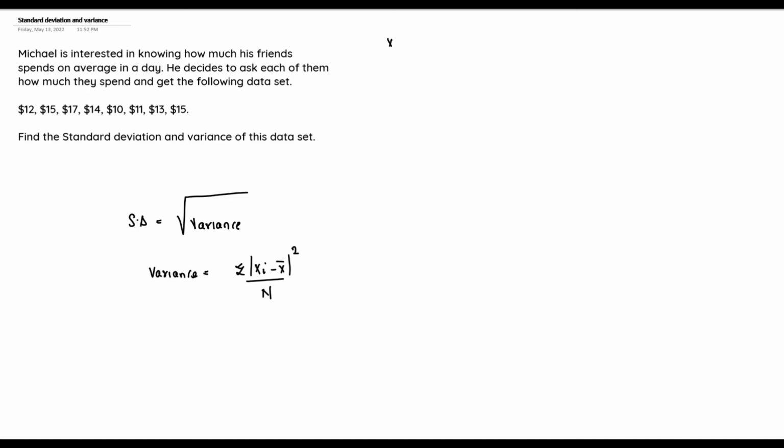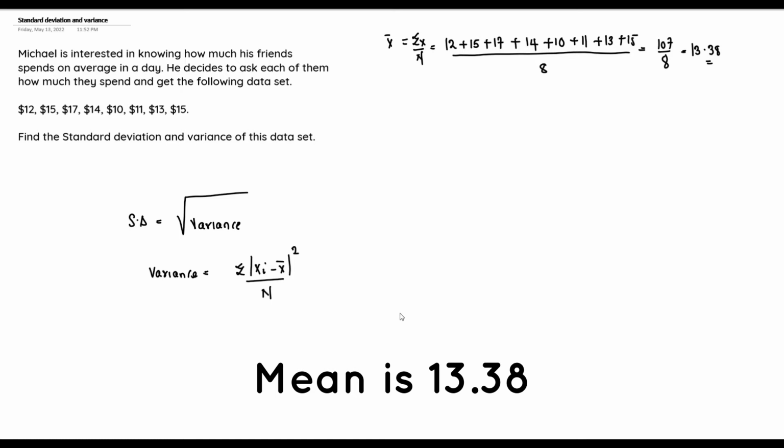And the formula for the mean is x bar is equal to summation x divided by n, and that's going to be equal to 12 plus 15 plus 17 plus 14 plus 10 plus 11 plus 13 plus 15 divided by, we have 8 of them, and when we do the math, this is going to be 107 divided by 8, and we have our answer to be 13.38. So the mean of our data set is actually equal to 13.38.